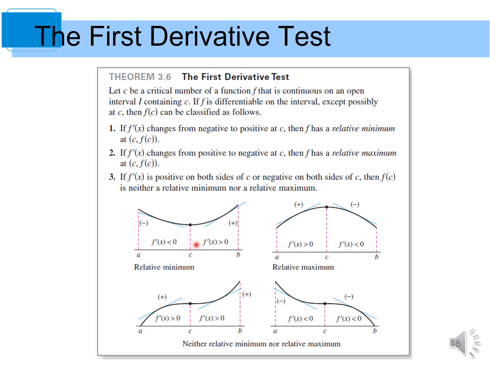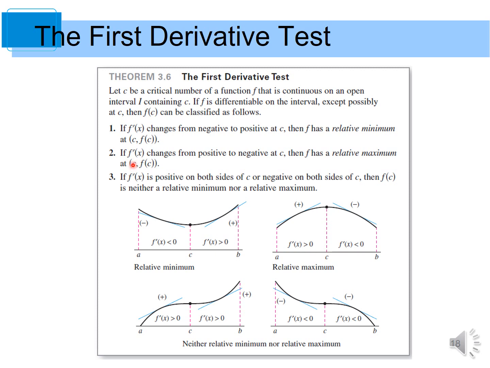For example, for the first diagram, this point is a relative minimum because the slope, f prime of x, changes from negative to positive at c. So we say this point is a relative minimum.